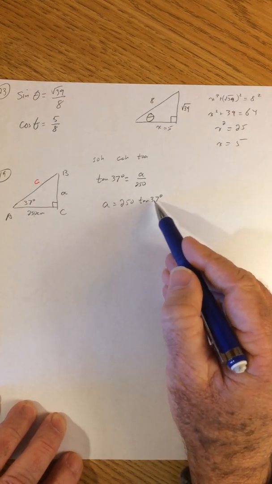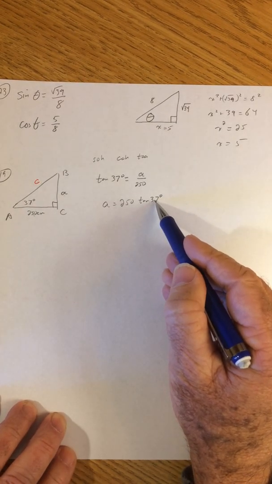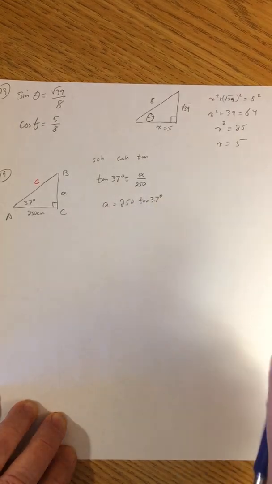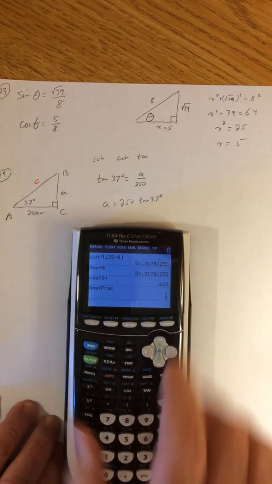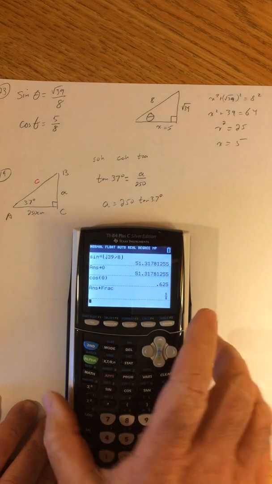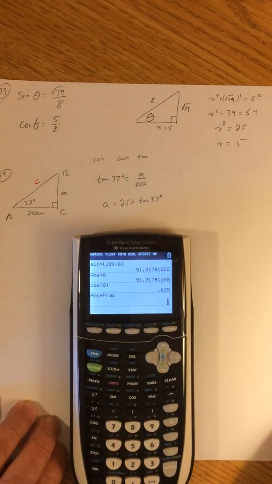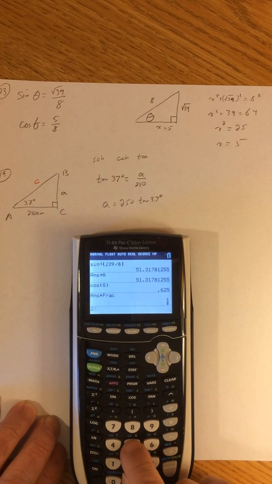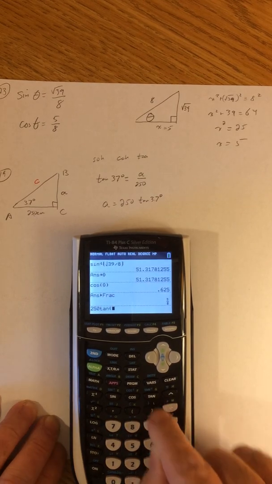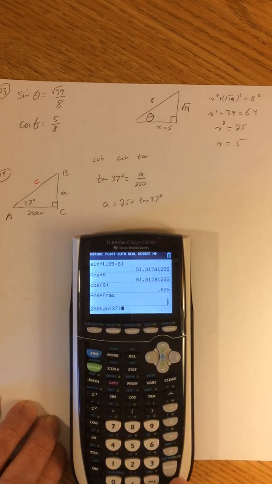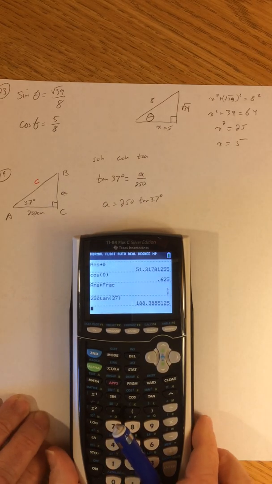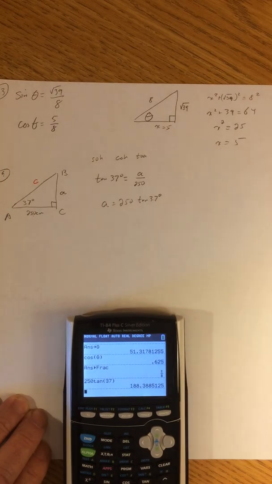Don't find tan 37 as a decimal amount and then write it down. Type this all in at the same time. Watch. I hope you can see this on the video. If not, do it yourself, and I'll say it aloud. 250 tan 37. It gives me the answer directly, and it is 188.4.